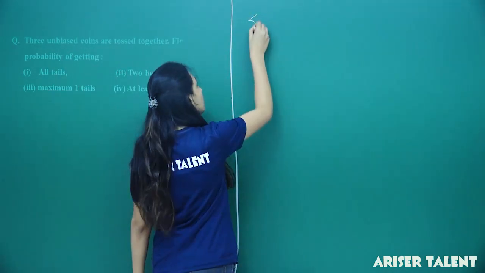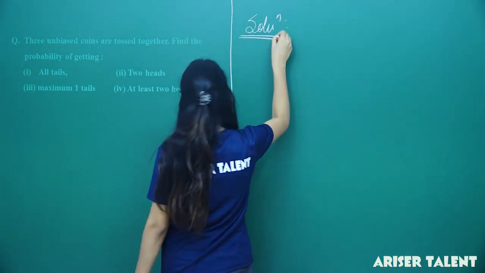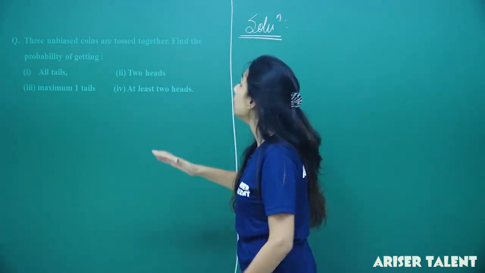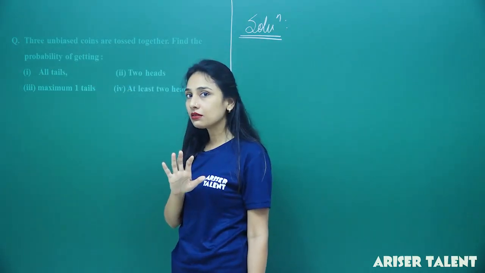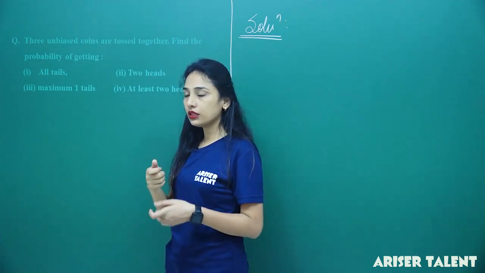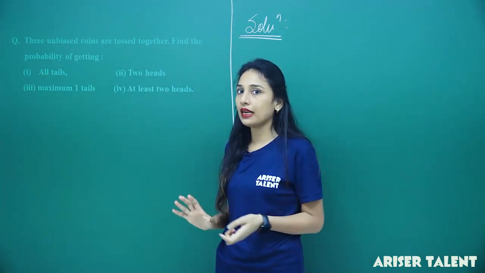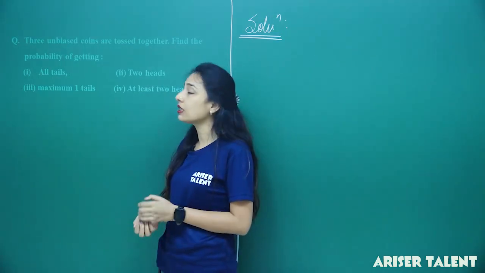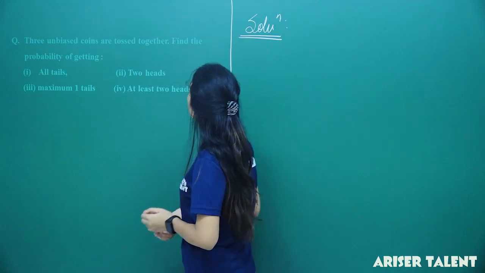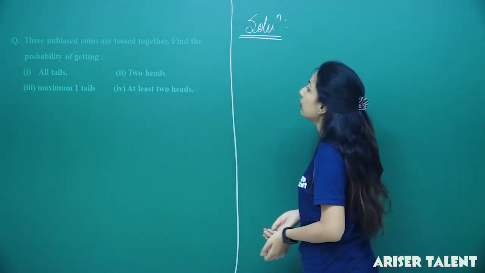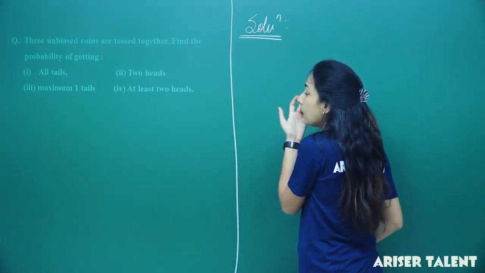So what this question is saying, look here: three unbiased coins. Unbiased means there are no tricks. Simply unbiased coins are being tossed, they are three in number, and they are tossed together. Find the probability of getting all tails, 2 heads, maximum 1 tail and at least 2 heads.